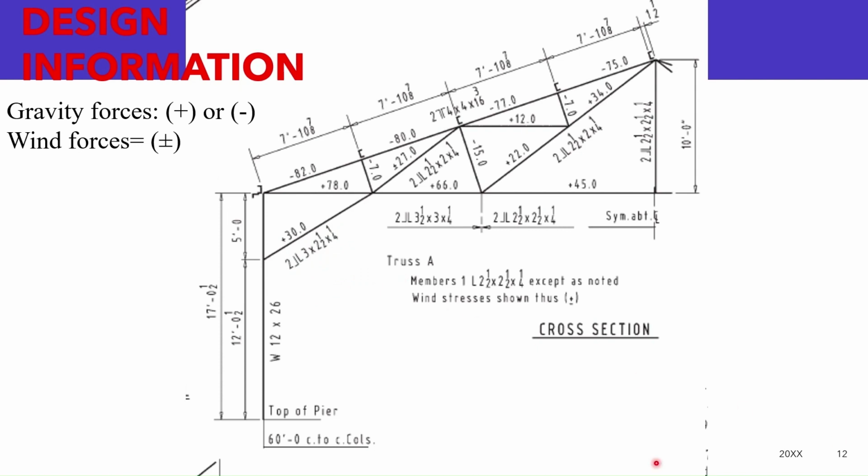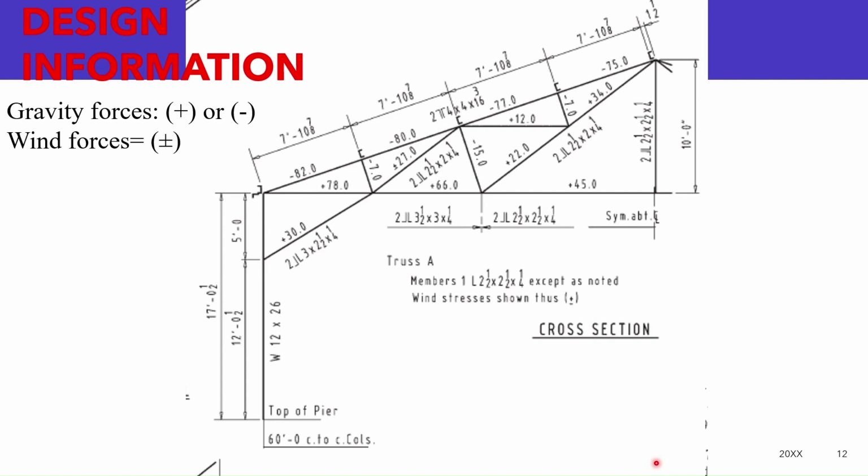And the designer has indicated the required forces and loads in the truss and knee braces for the steel detailer to develop adequate connections. Two sets of forces are indicated, those produced by gravity, that is vertical loads, and those caused by wind.